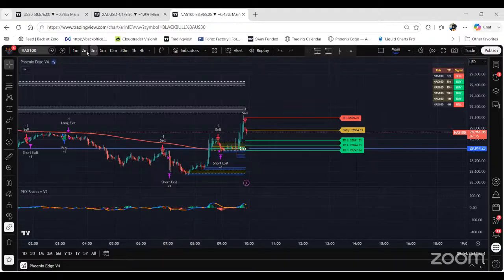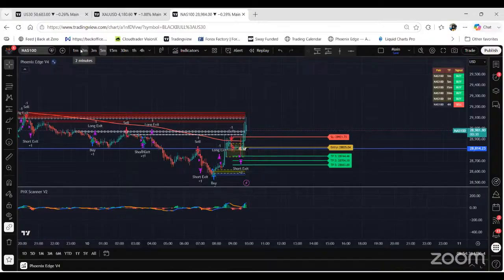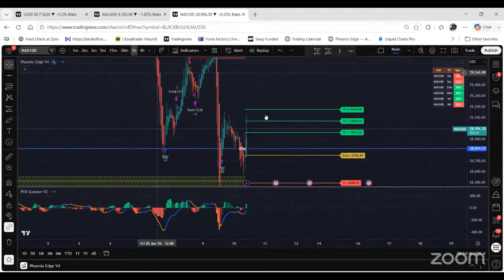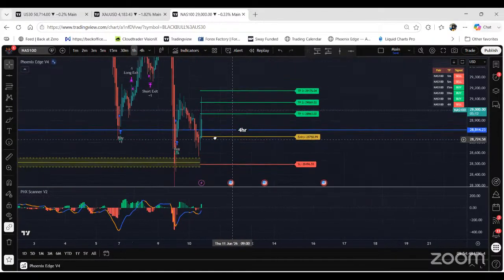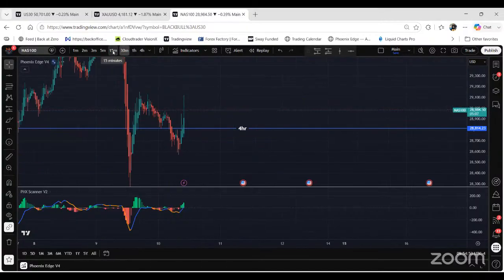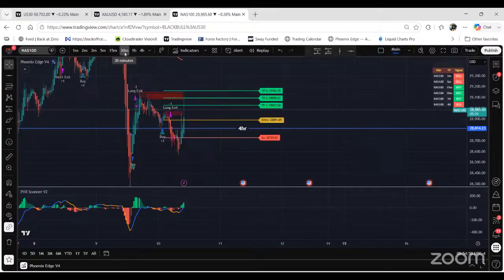Bounce off the zone. And he had a nice push up, but don't see an entry. Not sure what that was. And US 30 went right back to TP1.